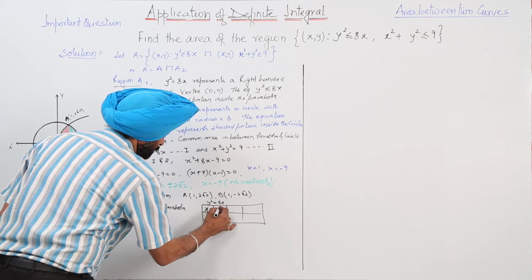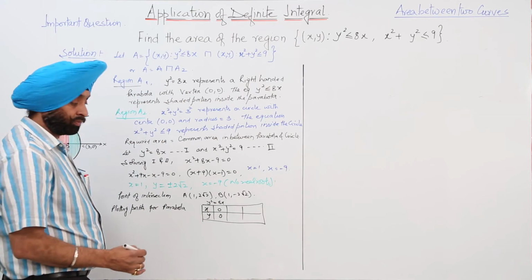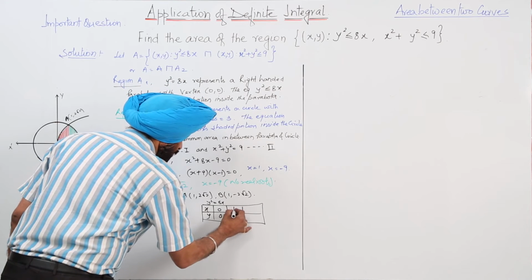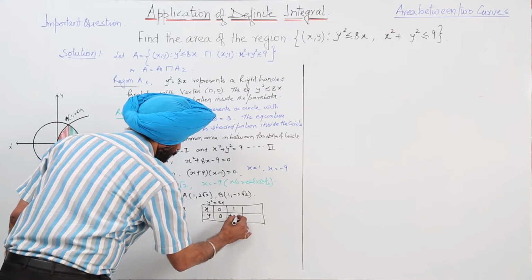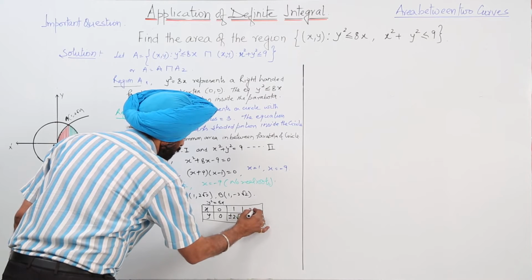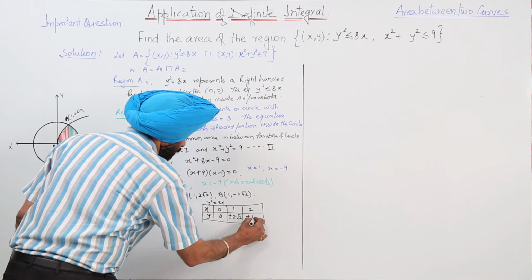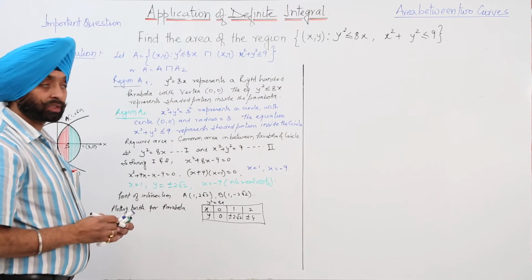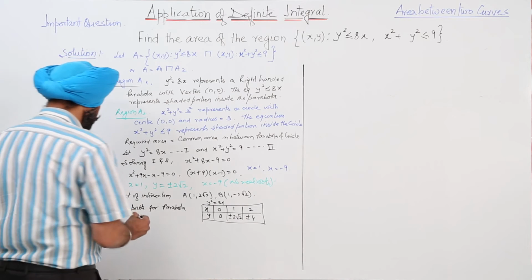Now when x is equal to 0, y is equal to 0. When x is equal to 1, y is plus minus 2 root 2, and when x is equal to 2, y is plus minus 4. Is it clear?